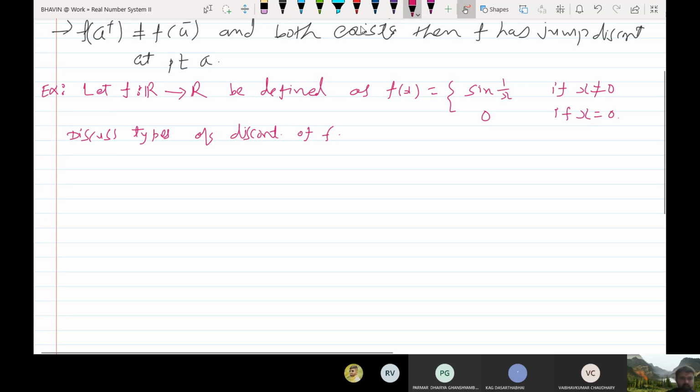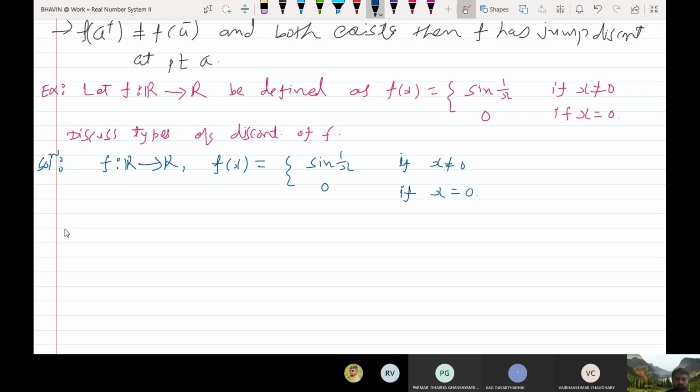Now let's solve this. So here f is a mapping from R to R, and the definition of f is this: sin(1/x) if x is not equal to 0, and 0 if x equal to 0. So now look at this function.